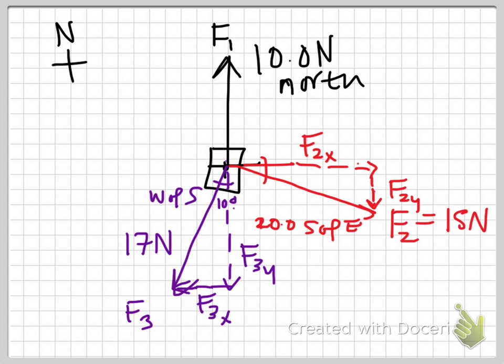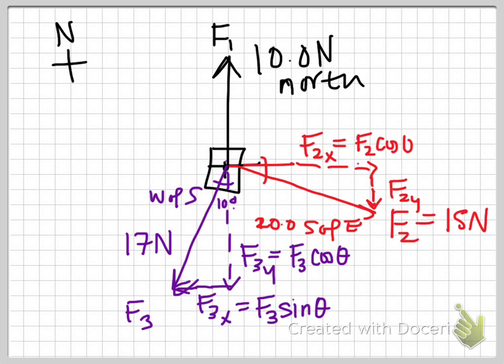So I know that F3 on the X is going to equal F3, and it's opposite, so sine theta, and F3Y is going to equal F3 cosine theta. I know that F2 on the X will equal F2 cosine theta. F2 on the Y will equal F2 sine theta. Doing that little bit of setup seems like a nitpicky accounting type detail, but it helps because then when you go to actually do the math, you have all those details listed, and you don't have to do that piece.